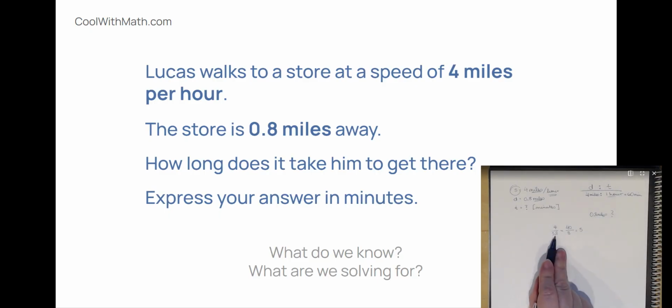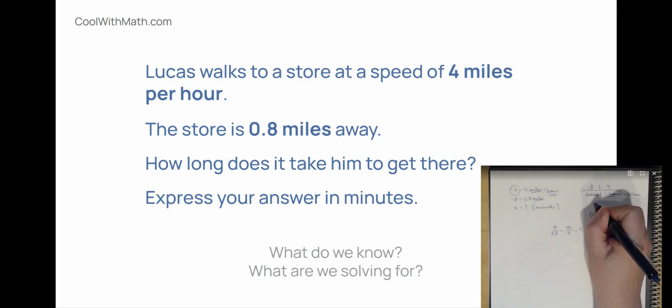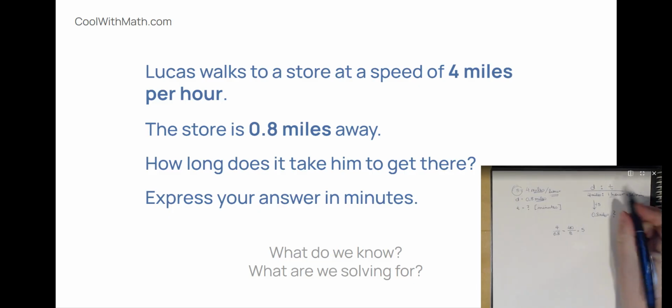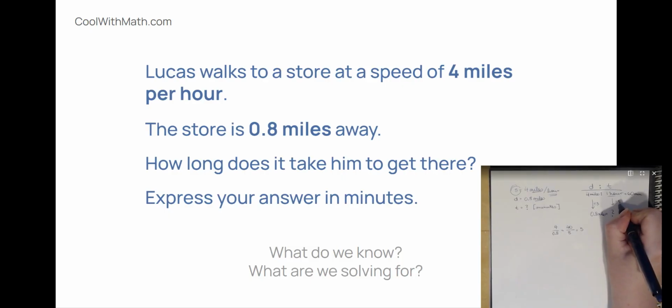So 0.8 fits into 4 5 times, which means we can go from 4 miles to 0.8 miles by dividing by 5. Now the 1 hour wasn't going to easily divide by 5, but our 60 is going to easily divide by 5.